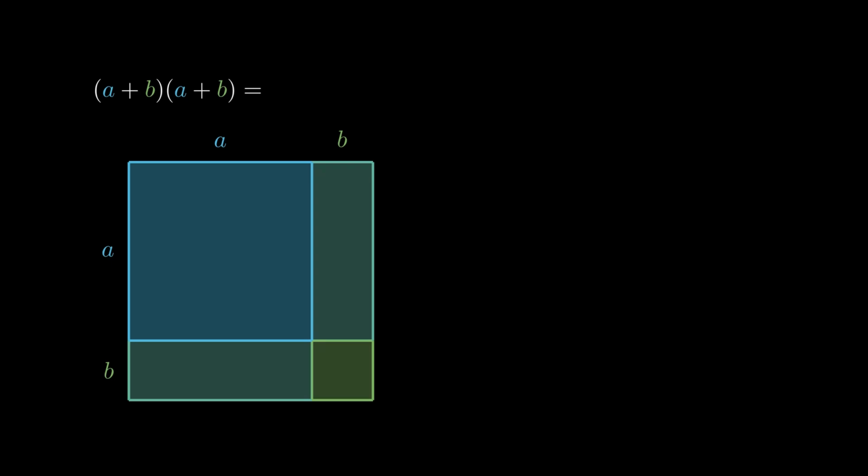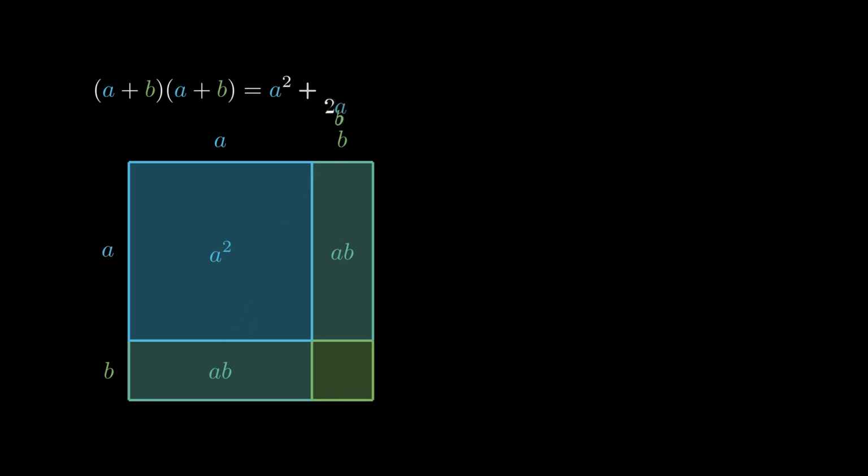Anyway, let's think through this area one piece at a time. The blue square is just worth a square, so we can put him up there. Then the rectangle there is worth a times b. And before we launch him up, we could notice the bottom rectangle is also worth the same a times b.